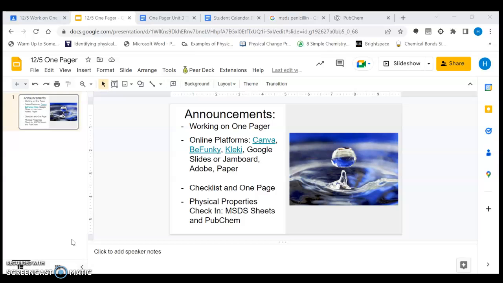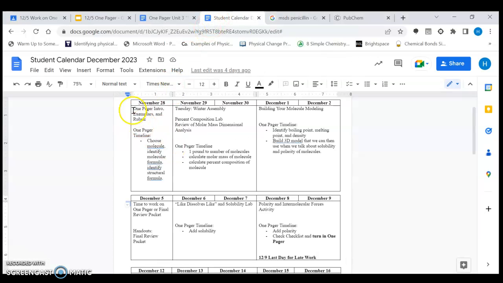To check in and see where we are so far, from last week, you figured out your molecule. We did the percent composition. We then found the MSDS sheets and used PubChem to find all of the other background information about the molecule.